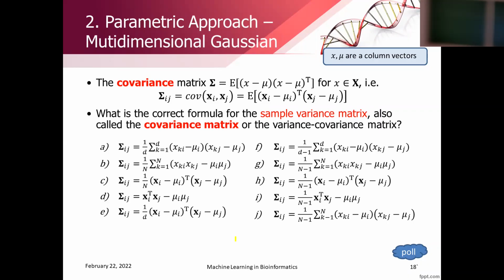Mu is a vector, so mu i is the ith mean. Maybe better to use j, so mu j is the mean of the jth column.